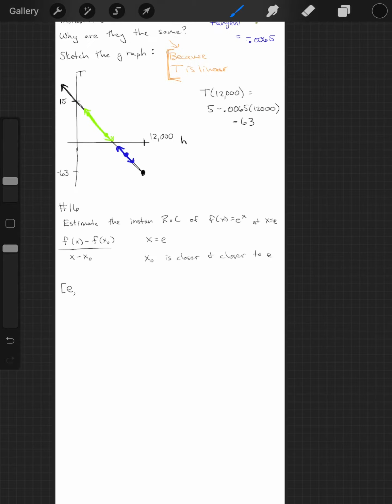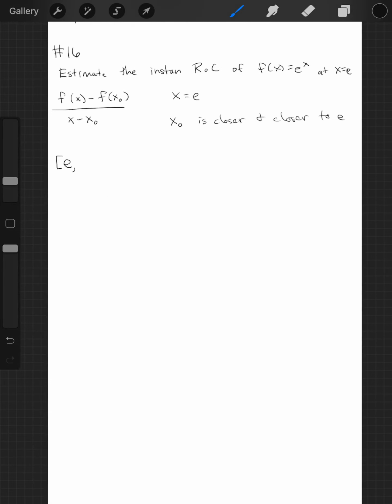It's 0.001 or 0.01 more than 20. We can do the exact same thing here, even if it doesn't look quite as nice. Right? And we get f of x is e to the e. F of x naught is e to the e plus 0.01. And then we have x minus x naught.